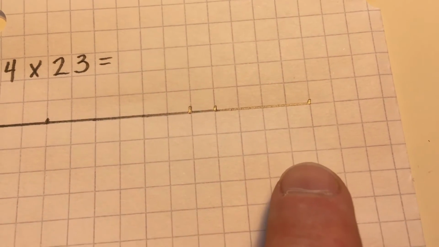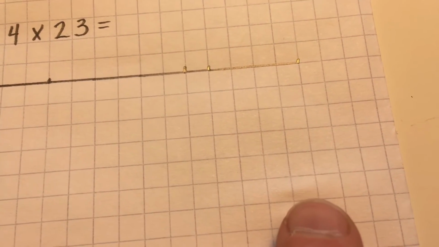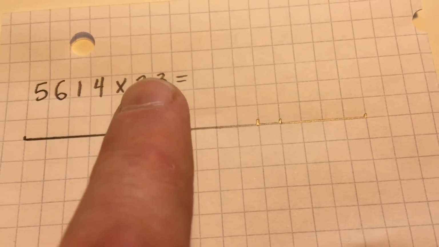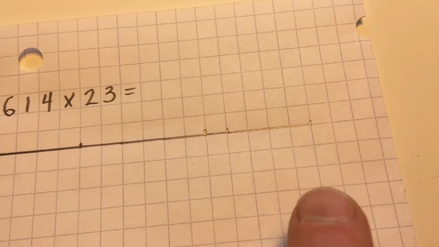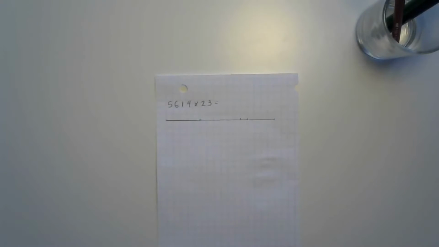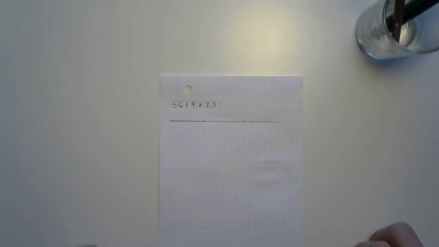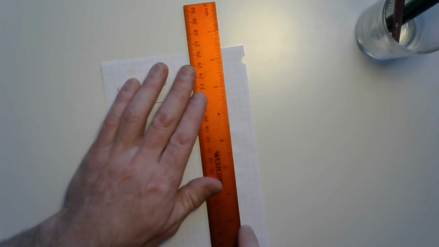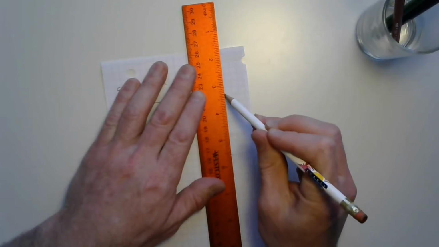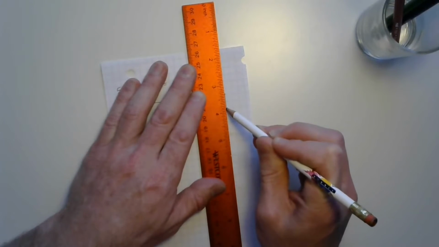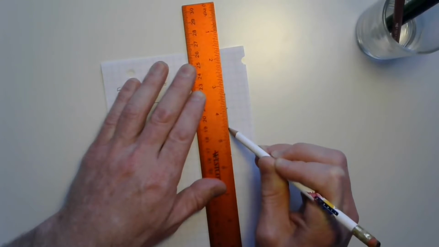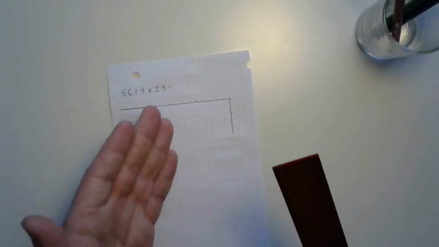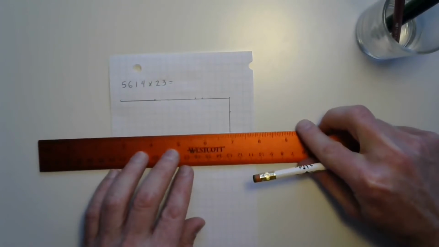Now down the next line here, we're going to put 23 the same way, going 2, then 3. Let's do it. Take your straight edge, go ahead and mark off 2, small notch maybe, and then go ahead and mark off 3. And now enclose your rectangle.